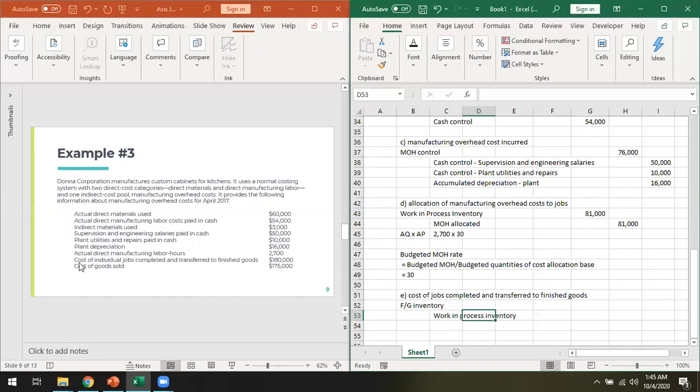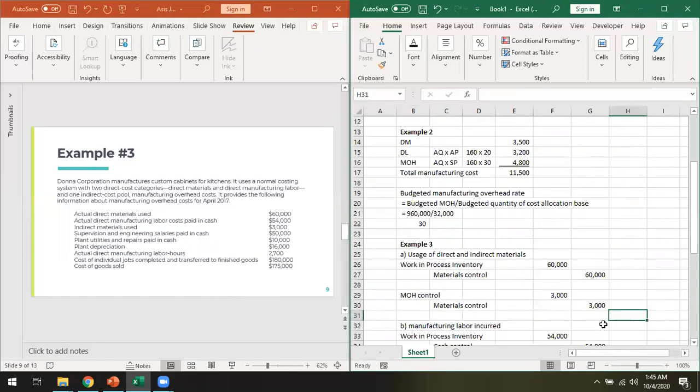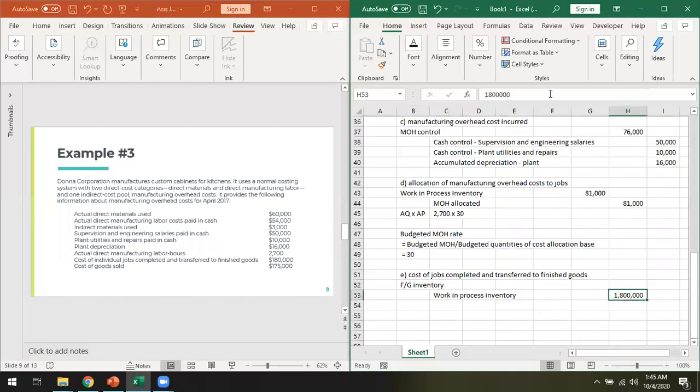We know the number is the cost of individual jobs completed and transferred to finished goods. So the work in process inventory that's transferred and converted is $180,000. And the same for the finished goods inventory.